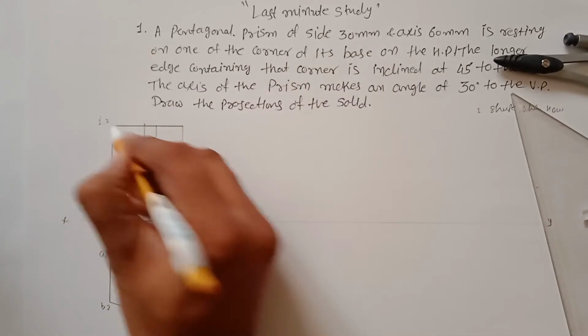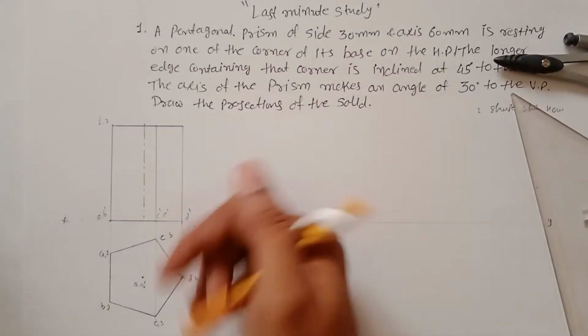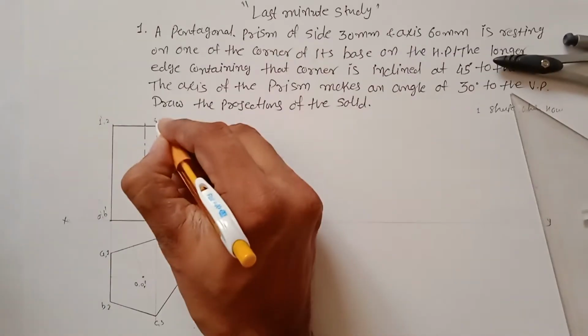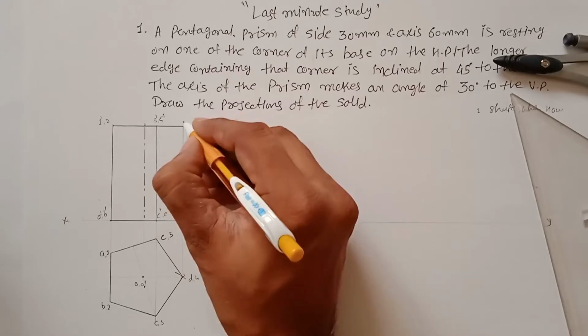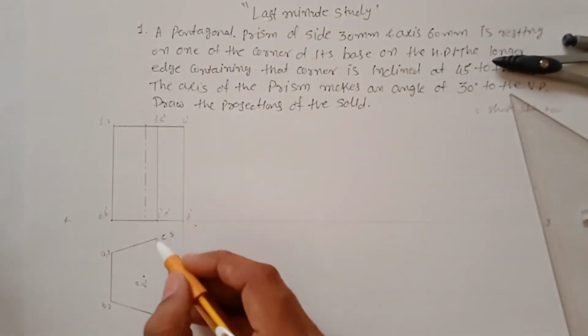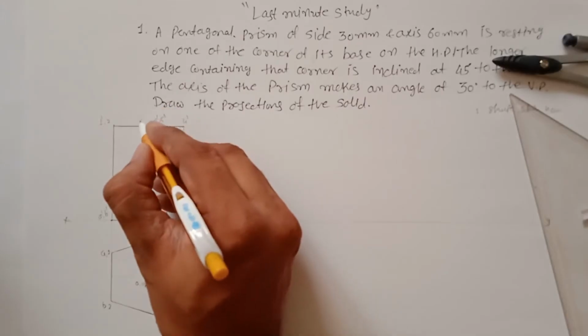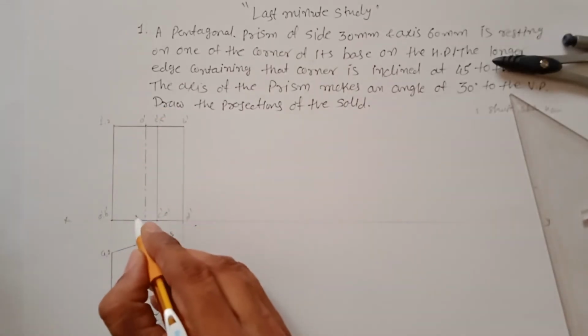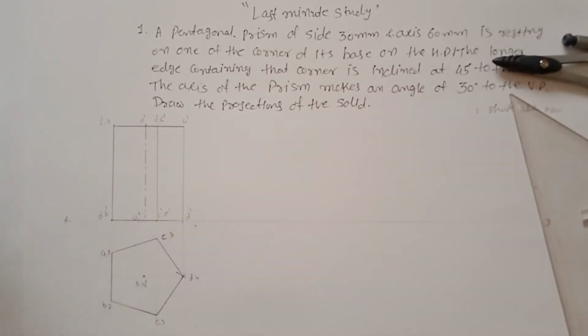This is 1 dash, 2 dash, 3 dash, 5 dash, and 4 dash. And now the axis is also there, so you have to give names like O dash and O1 dash. So this is the initial position of your solid.